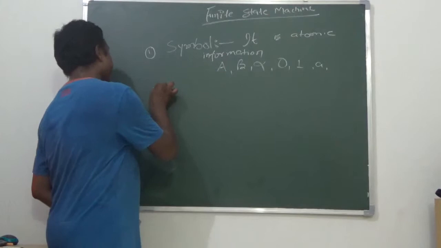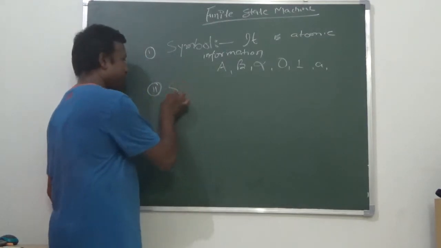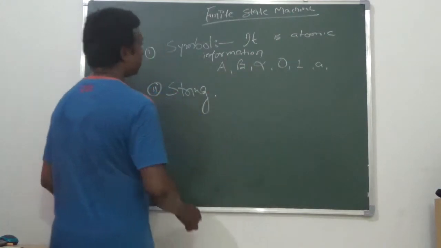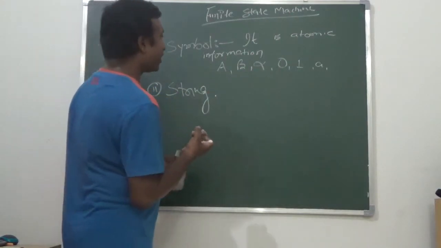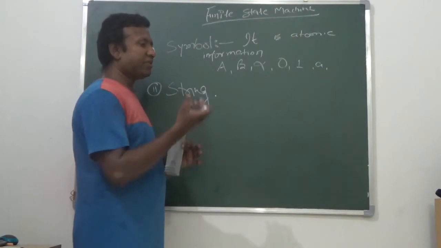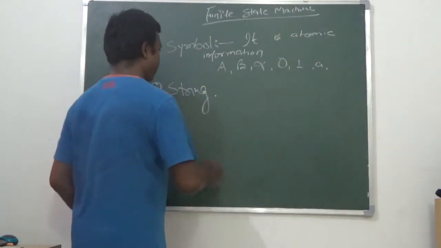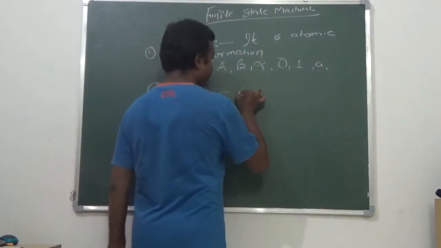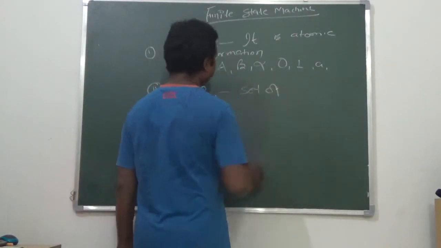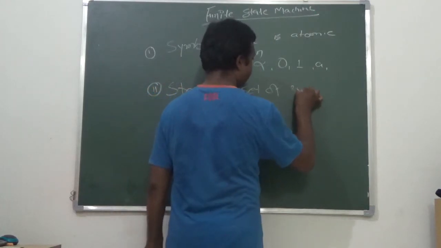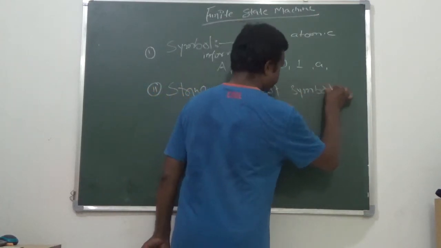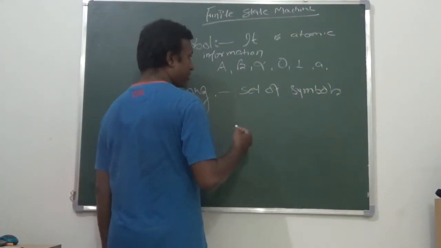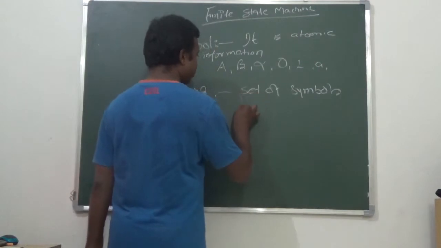Now, second point which we want to discuss is a string. Basically, there is no perfect definition for the symbol. It's simply like an atomic thing which represents one information possibly. So, what is a string? A string is a set of symbols juxtaposed.